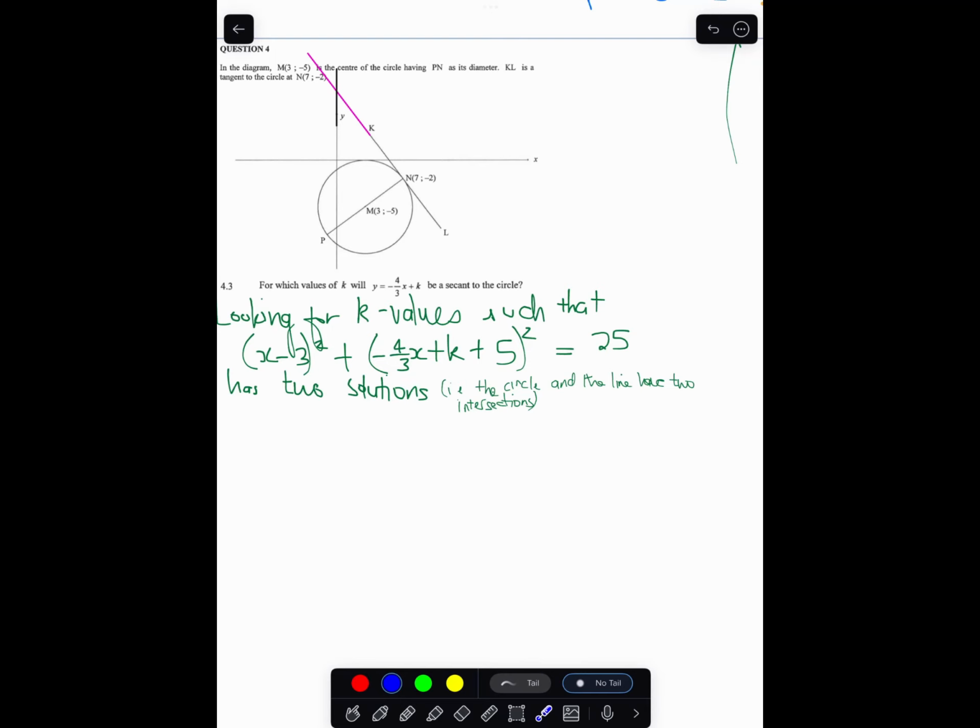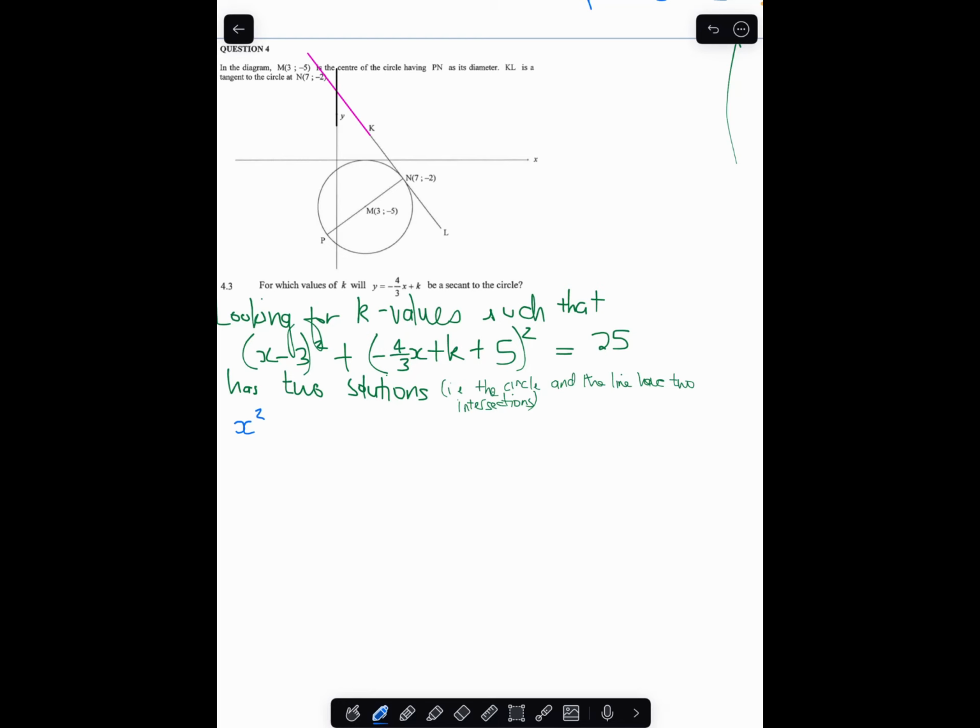We're going to rewrite it in the standard form of a quadratic equation, and use our nature of roots knowledge to show that these are the values of k for which this equation has two distinct solutions, and therefore the circle and the line are intersecting twice, and therefore the line is a secant. So that's where I think this is going to go. Let's get into the messy.